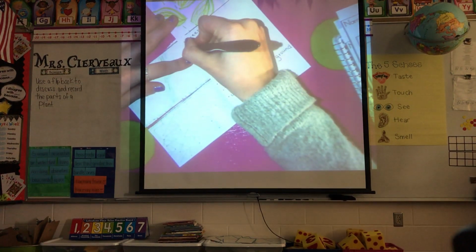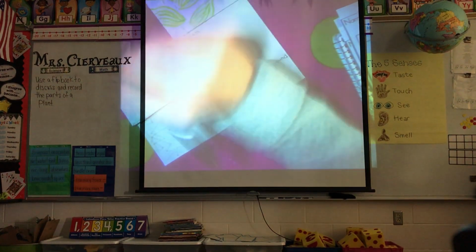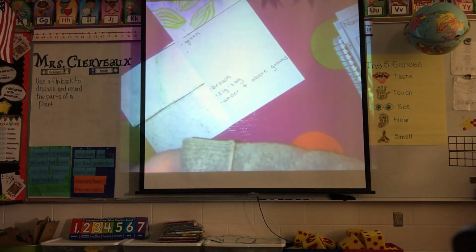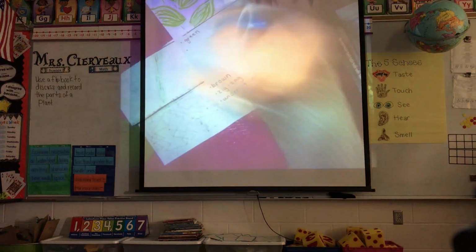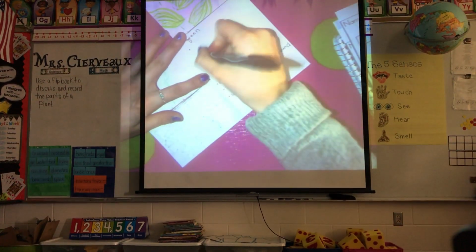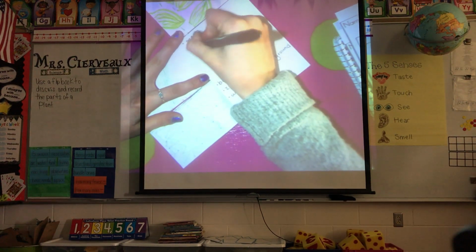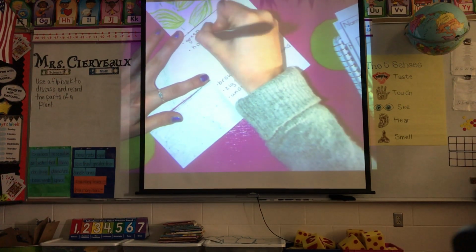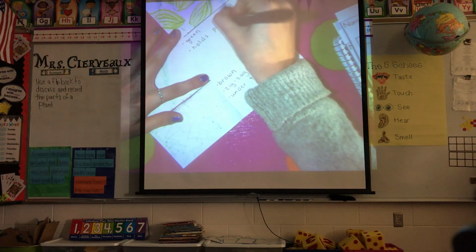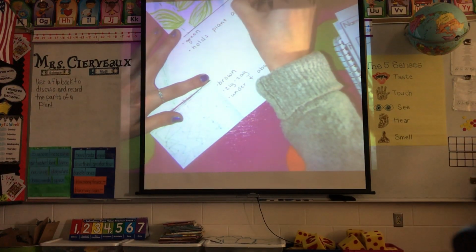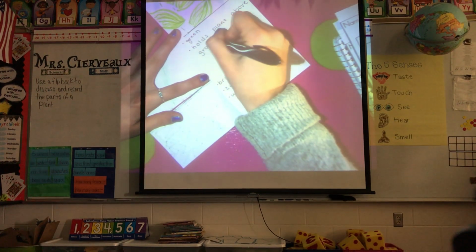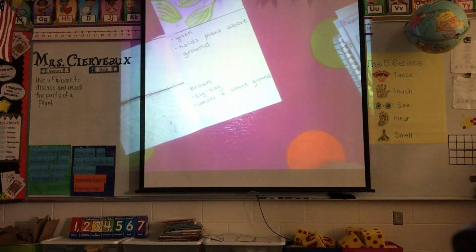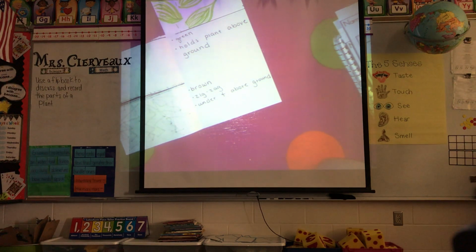What else can we write about how the stem looks? Yes. Holds up the plant. You can write holds up the plant on this part. It holds the plant above ground. How about that? That's what I'll write. Does anybody have anything to add about what the stem looks like?